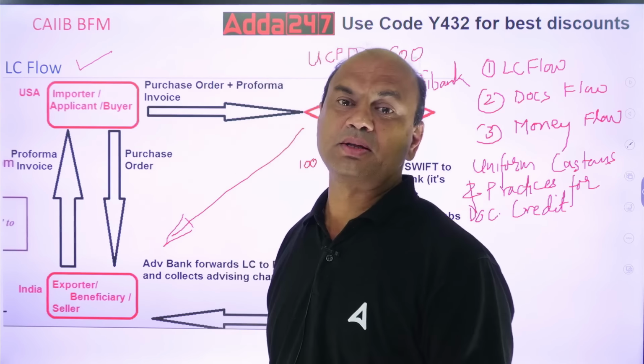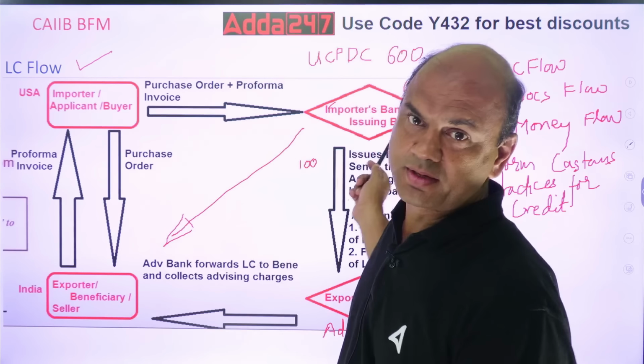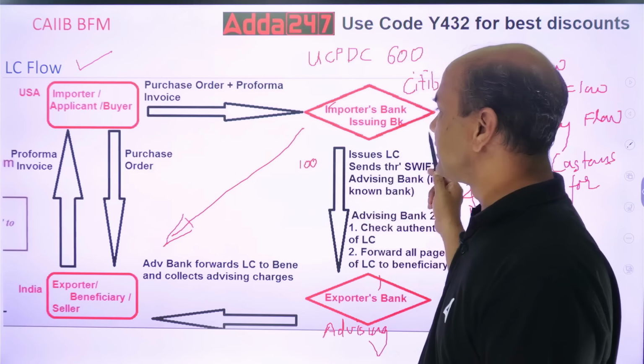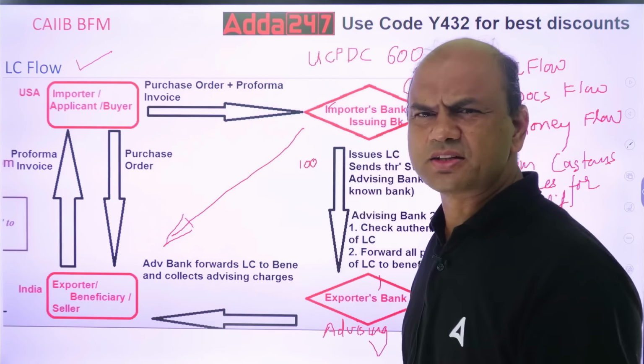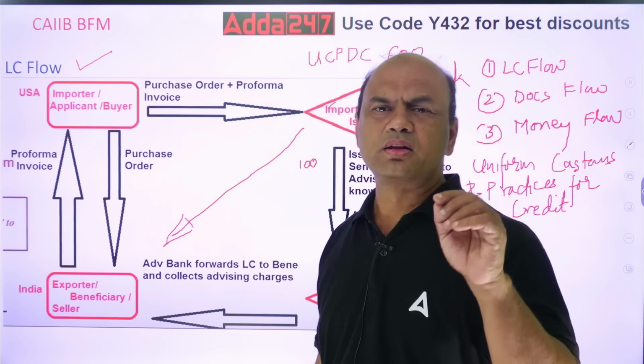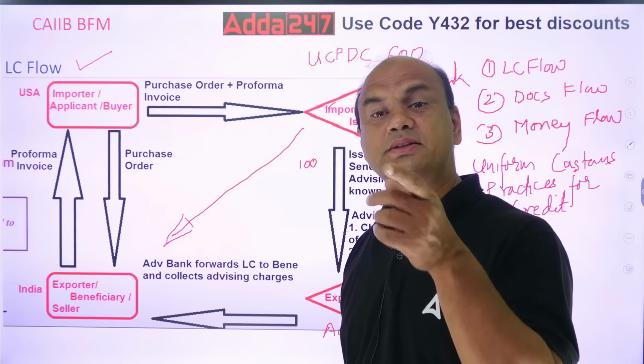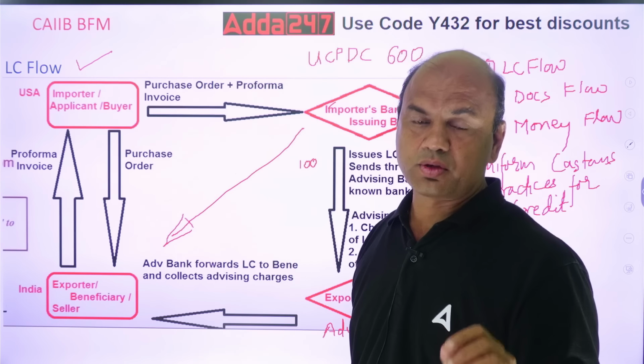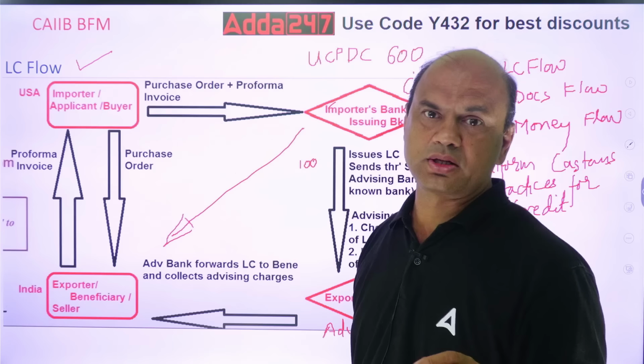For that, what happens? They prepare a document from this bank. Now this issuing bank prepares a document stating some 5-10 conditions. I want the goods of this quality tested from this lab. Whatever you want, you have to put it in the document.